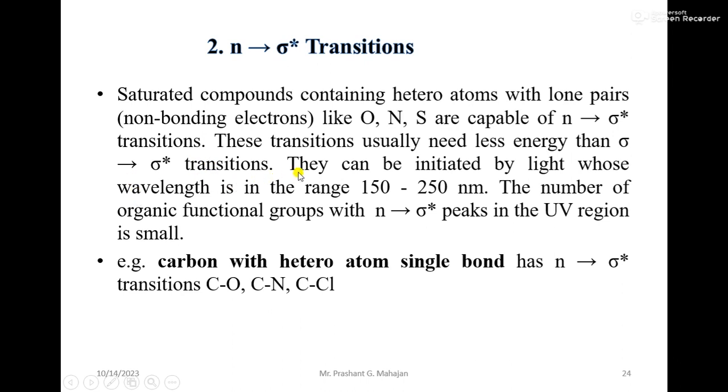They can be initiated by light whose wavelength is in the range of 150 to 250 nanometers. So the examples: carbon single bond oxygen, carbon single bond nitrogen, carbon single bond chlorine. So n to sigma star means what? This is single bond with lone pair of electron present on the heteroatom.